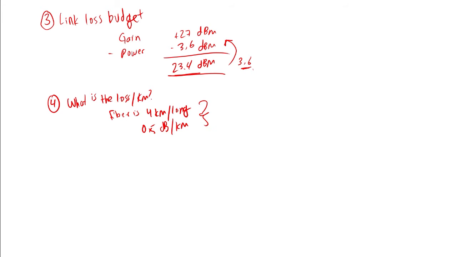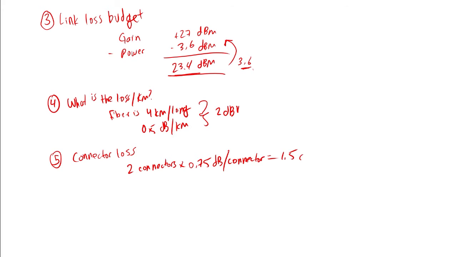So we lose 2 dB. So then we also have connector losses. So let's say we have 2 connectors times 0.75 dB per connector, which is 1.5 dB.